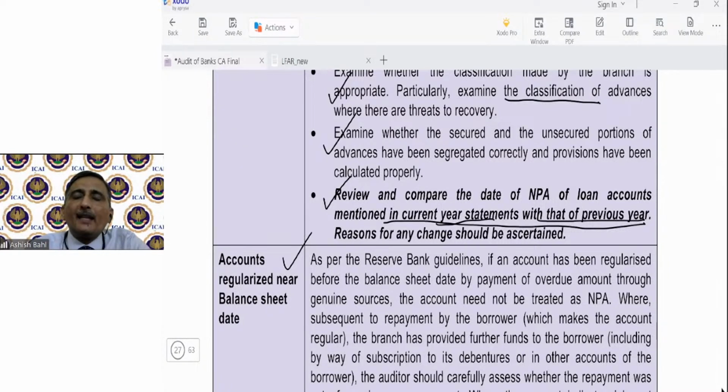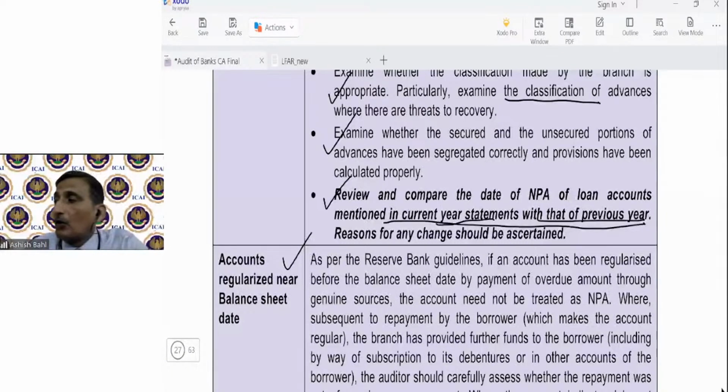So now what should be the duty of the auditor in this regard? His duty is to see that these credits are in fact genuine. Say the branch manager might have connived with the borrower, and these credits are out of some other credit facility granted to the borrower.